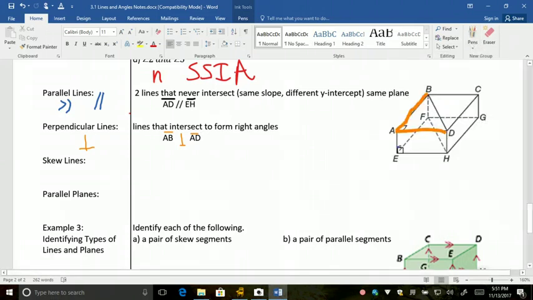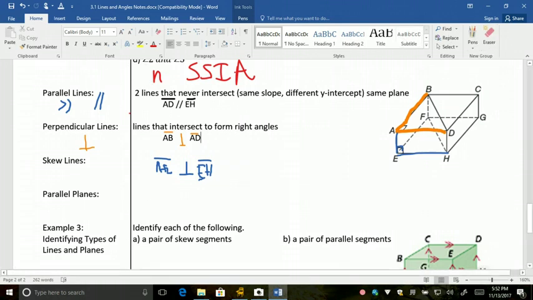This right angle is touching line EH and line AE. So in this case, we would say AE is perpendicular to EH.